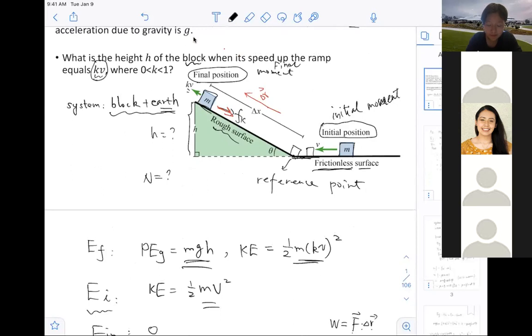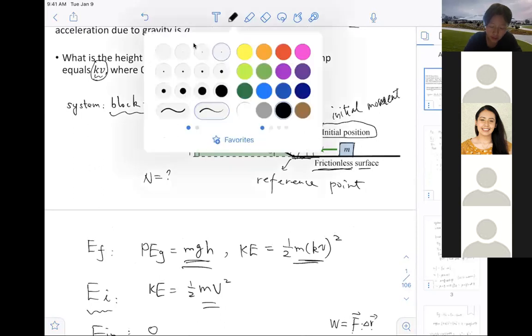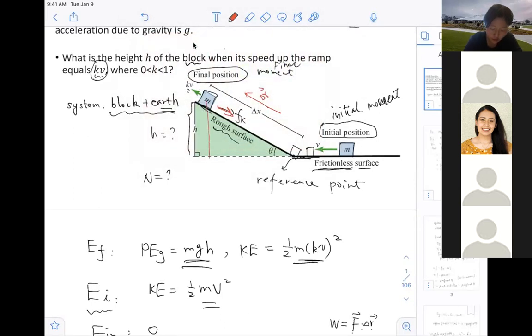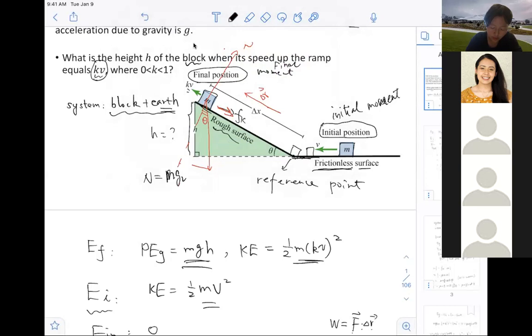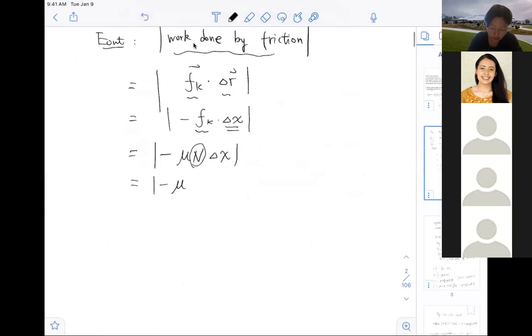So it's mg sine theta. Yes, it's one of those, right? It's the component of gravity, but it's the cosine theta. It's the cosine. If we are not sure, simply draw a little diagram to help us remember. This is theta. So it's mg cosine theta. All right, very good. So mg cosine theta and delta x.